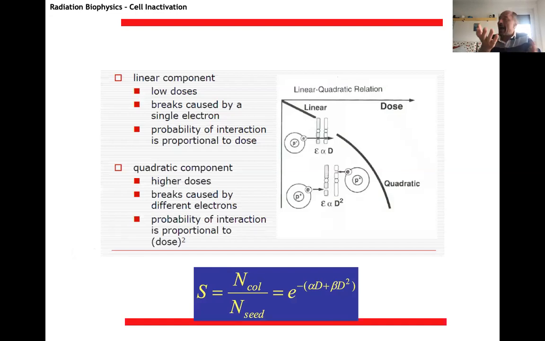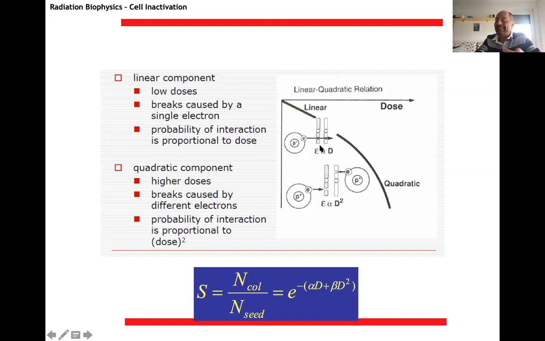So why alpha beta, why linear quadratic? We already saw this when we treated chromosomal aberrations, but let's see a little bit more. In the microdosimetric approach, and we will see that there are many different models, you imagine that you have a linear term which is due to single electrons or single alpha particles, single radiation tracks that induce two different lesions.